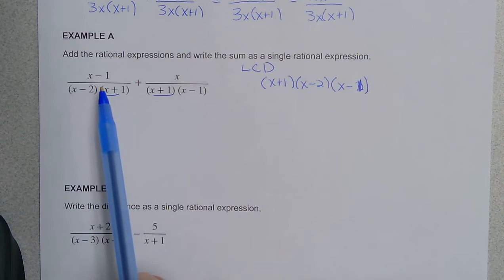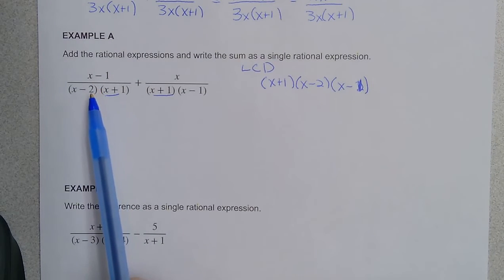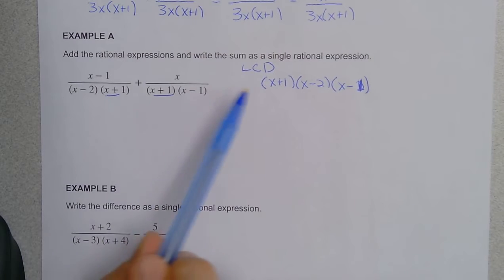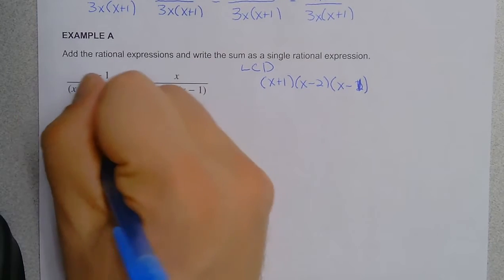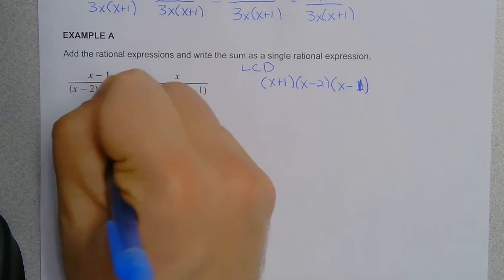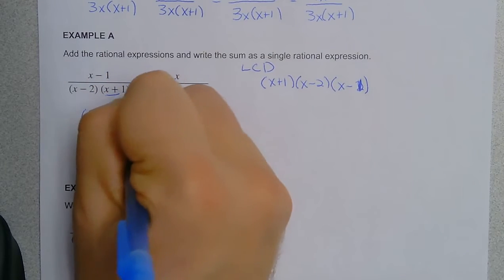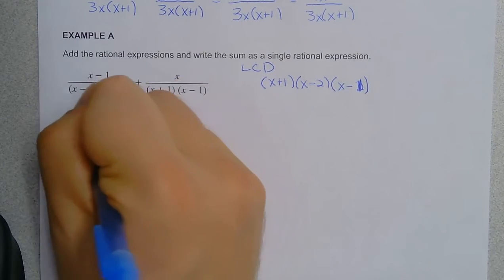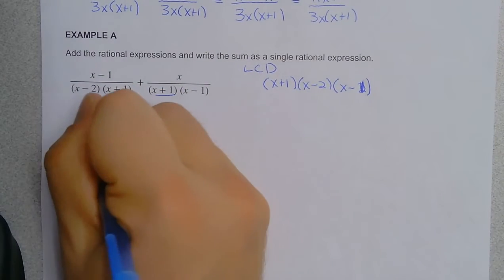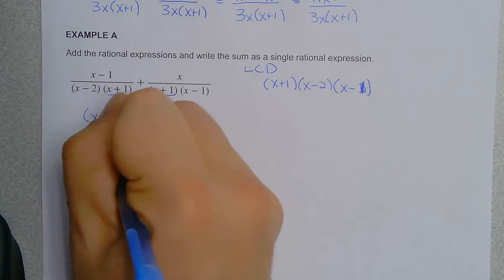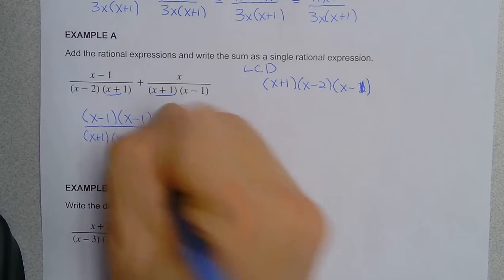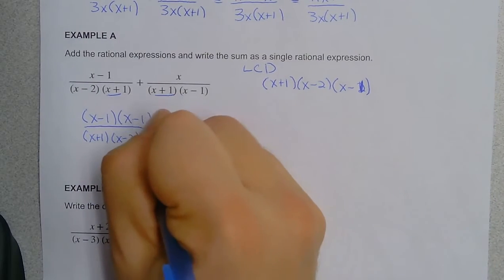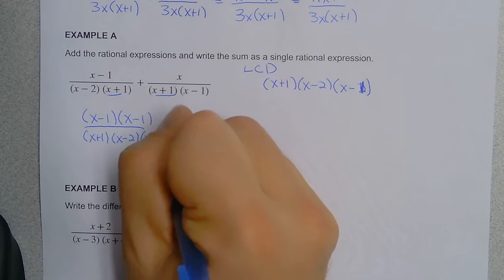So in the first one, I'm going to multiply the numerator and denominator by x minus 1. So I have (x minus 1) times (x minus 1) divided by (x plus 1)(x minus 2)(x minus 1).